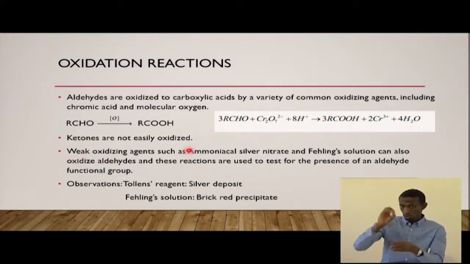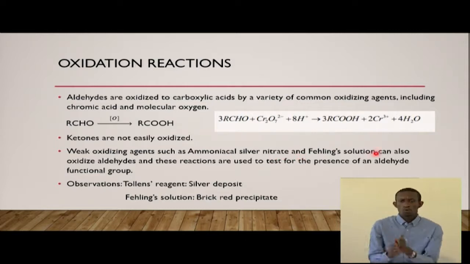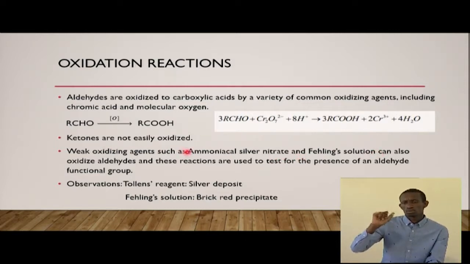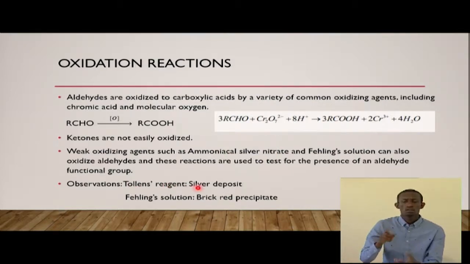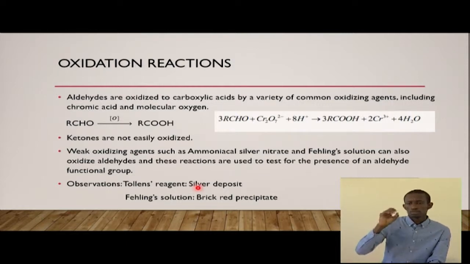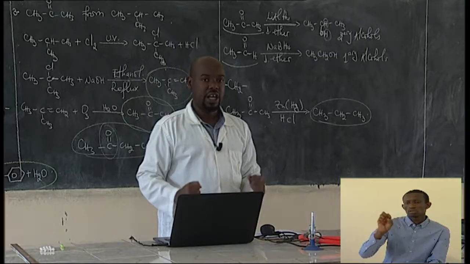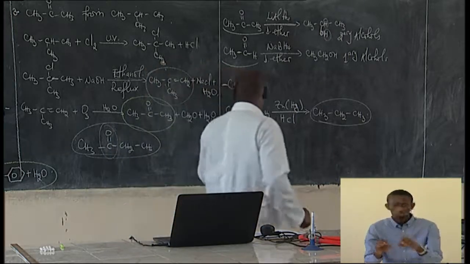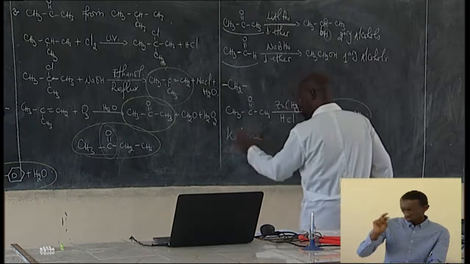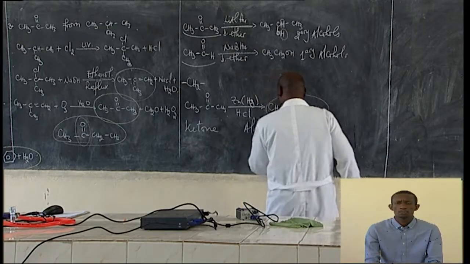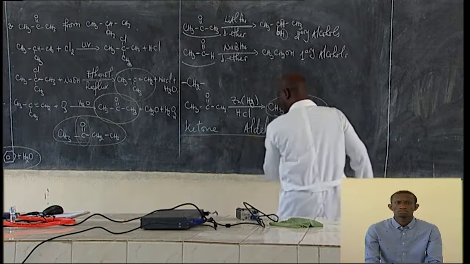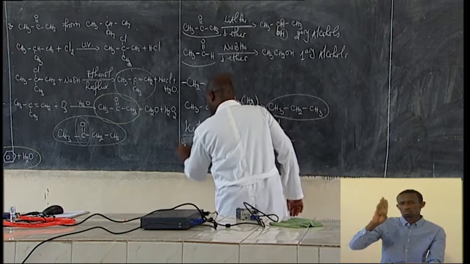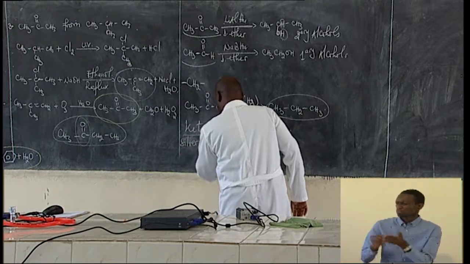And when we use weak oxidizing agents like ammoniacal silver nitrate and Fehling's solution, the ammoniacal silver nitrate is called Tollens reagent. We get a silver deposit when we are using an aldehyde. But with the ketone, it is not the case. So to distinguish a ketone and an aldehyde, you use the silver mirror test.